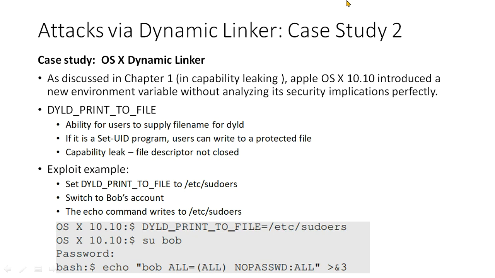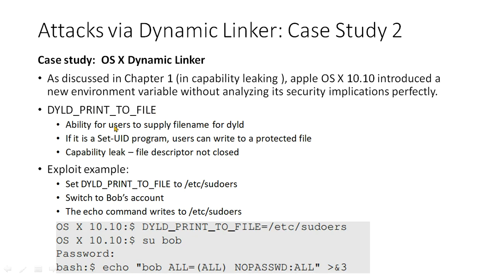So let's take the case of the Mac OS operating system, Yosemite version, again. Last time we talked about this dynamic linker. It uses an environment variable named DYLD_PRINT_TO_FILE. It allows the user to specify a file name so that all the log messages of an application will be printed to this file.